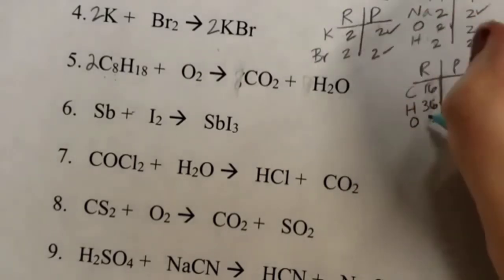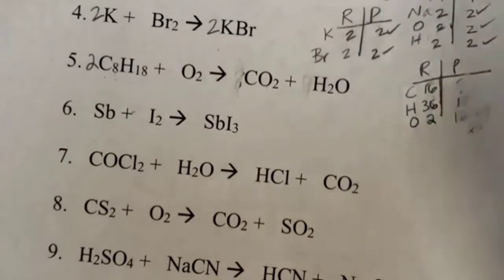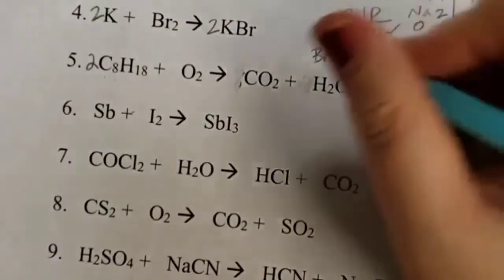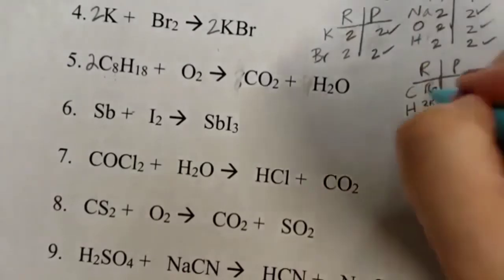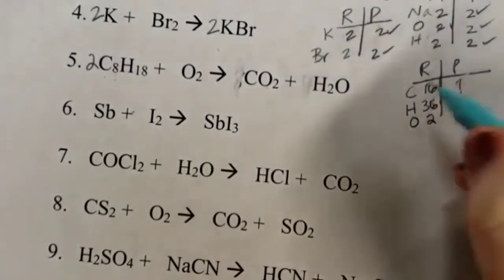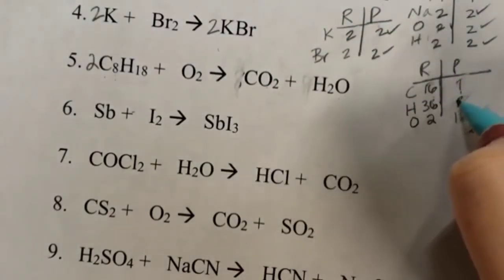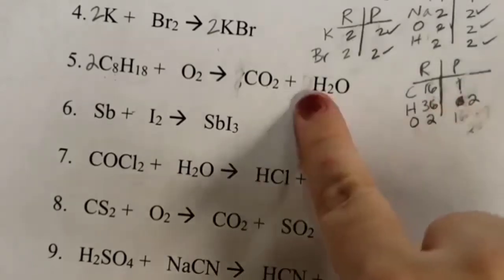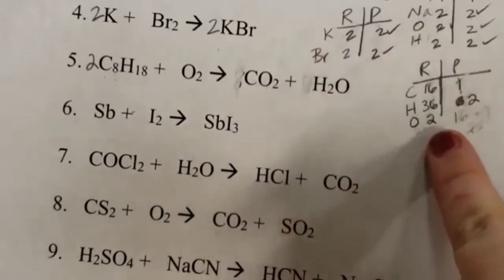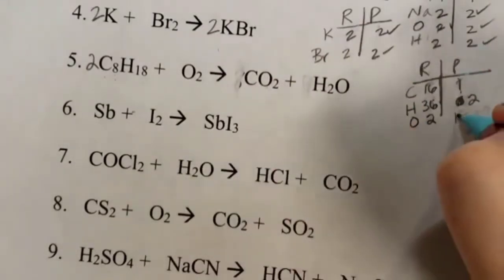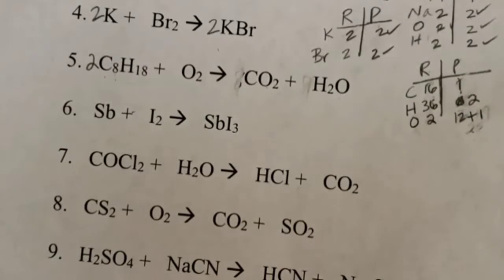Okay, then we still have our 2 oxygens over here. So I erased all my coefficients because I'm starting over. So I have 1 here, 2 hydrogens, 1 carbon, and then I have 2 plus 1 oxygens.